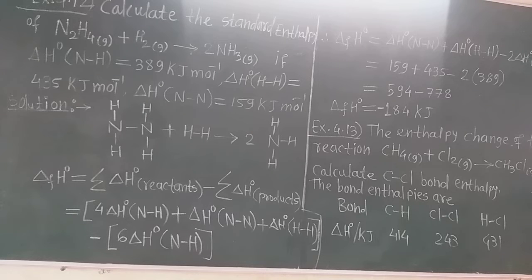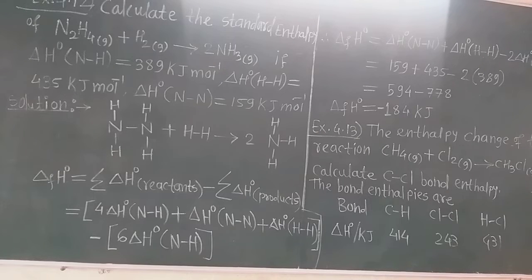Standard bond enthalpy, summation of standard bond enthalpies of products from that of the reactants. Generally we always subtract the reactants enthalpy from the products, but to calculate the bond enthalpy, we have to subtract the products bond enthalpy from the reactant bond enthalpy. That is very important, student.